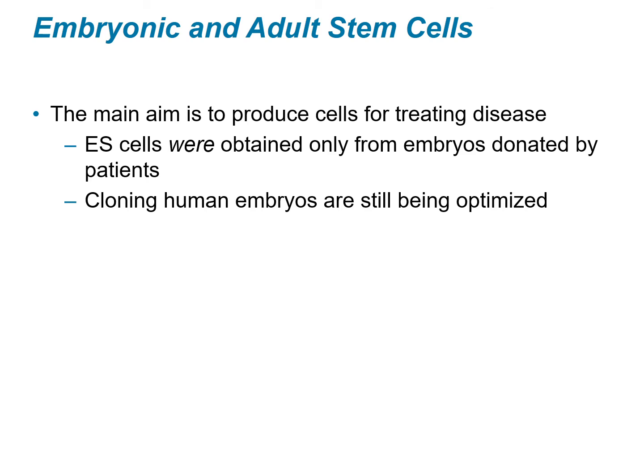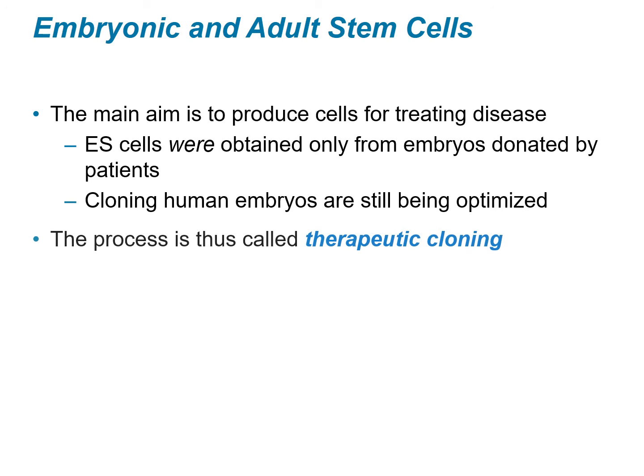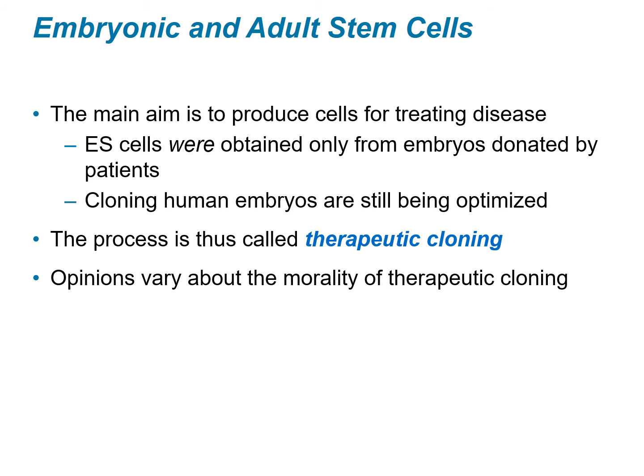Now, the main point, again, of using embryonic stem cells is that they were obtained only from embryos donated by patients undergoing infertility treatments. The process is thus called therapeutic cloning. So this is the more accepted reason for using embryonic stem cells. Now, there are, of course, varying opinions about the morality of therapeutic cloning, even if it's meant for the good.